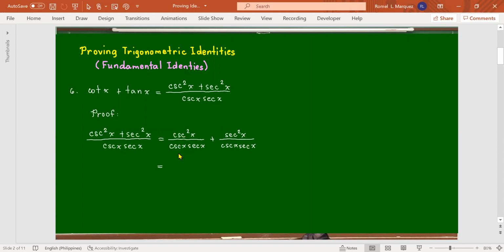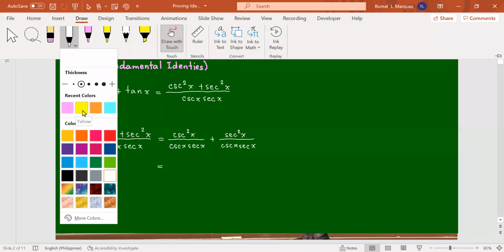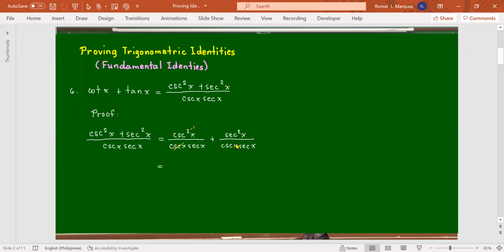From one of the laws of exponents, cosecant squared x divided by cosecant x, one cosecant x is cancelled, so we get minus 1 in the exponent. Same thing for the second fraction: minus 1 here, secant x is cancelled.